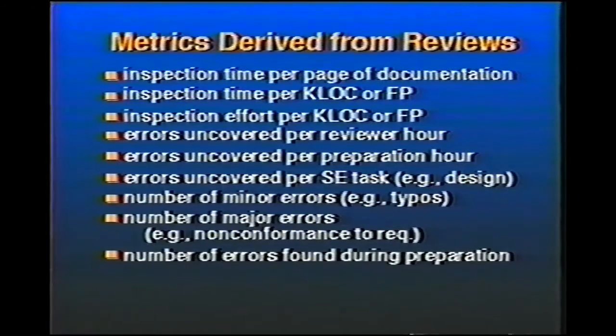As you collect information on errors, you might want to also record the number of minor errors found during reviews per review hour per 1,000 lines of code, the number of moderate and possibly major errors that are found.